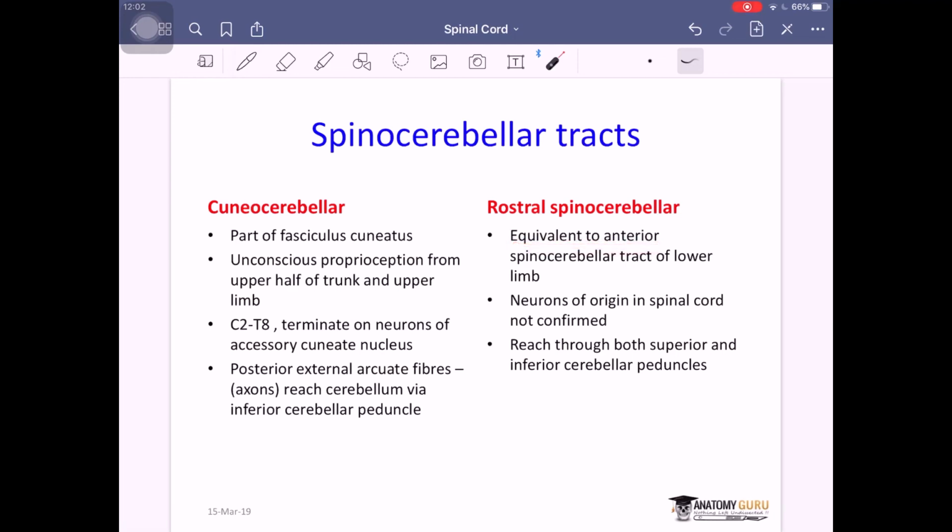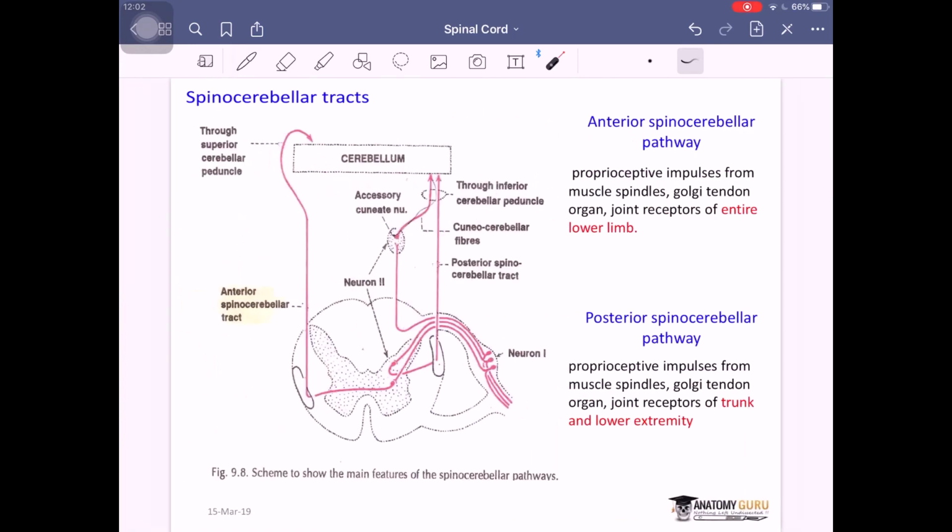And so this one, the information is again from the lower limb only. When I say it is equivalent to the anterior spinocerebellar tract of the lower limb, it means it is carrying information from the lower limb. So your lower limb is getting unconscious proprioceptive information from the anterior spinocerebellar tract, and also from the posterior, because here also we are saying lower limb.